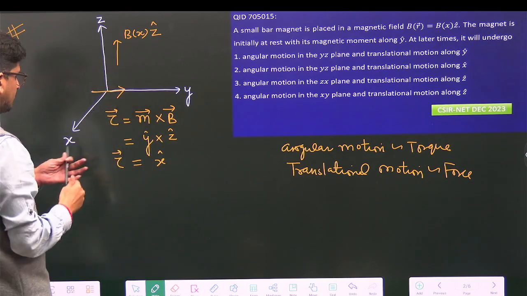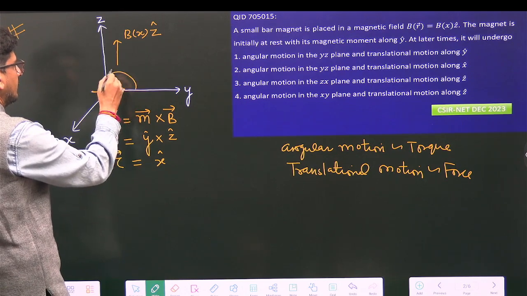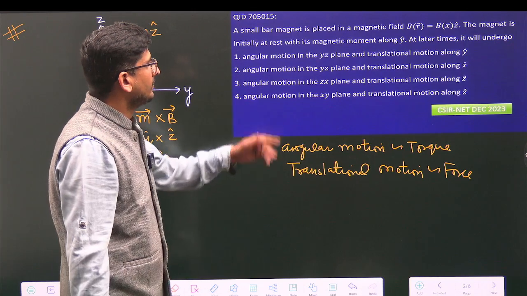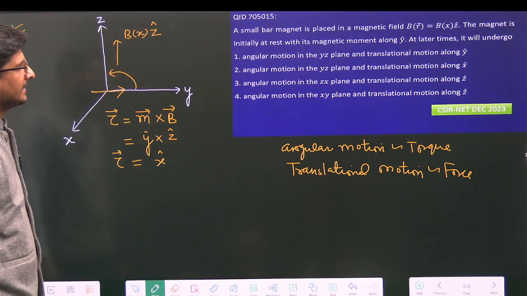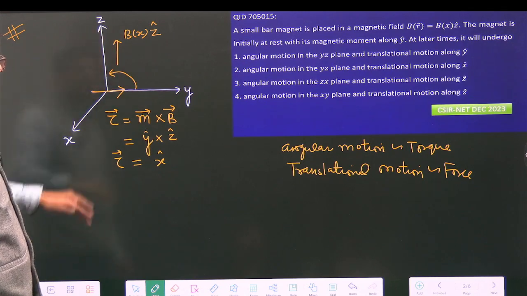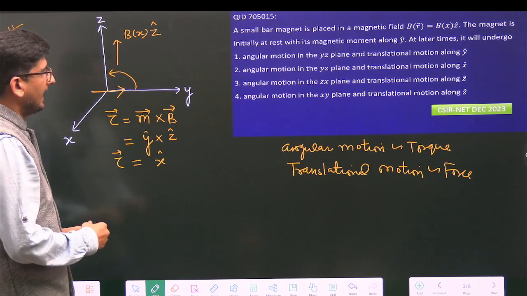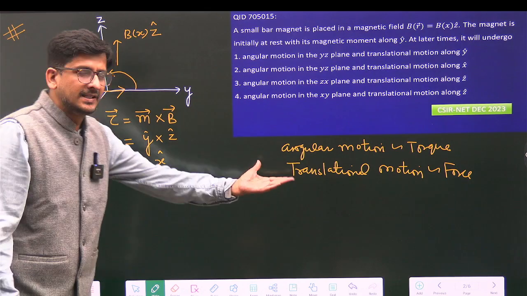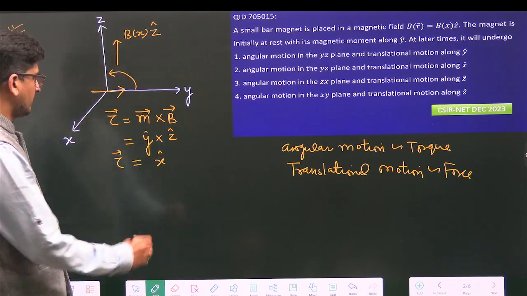So it will just go like this from y to z, okay? So angular motion in yz plane will happen and it will move from y towards this. And as the angular motion will start, let us check what will happen to the translational motion.